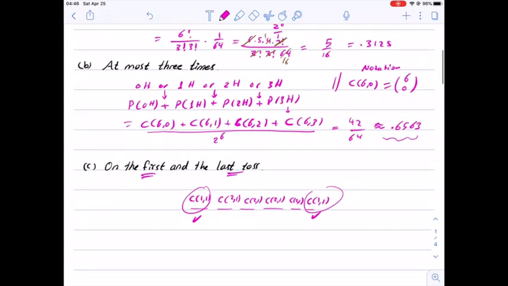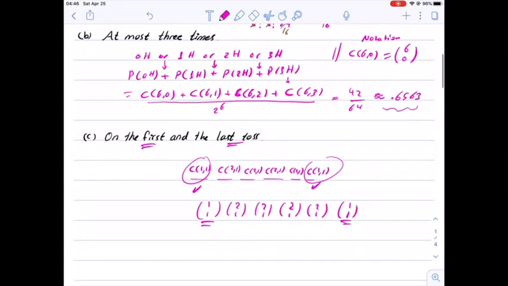Or you can use the other notation. You can write it this way: 1, 1, from 2 you get 1, from 2 you get 1, 2 outcomes you choose 1, 2 outcomes you choose 1, and from 1 head you get 1 head. So those are specified, all over 2 to the power 6.